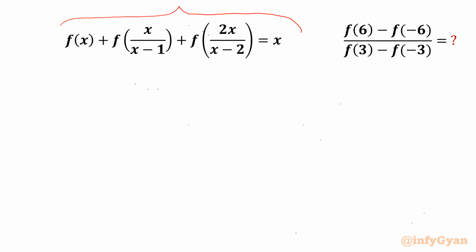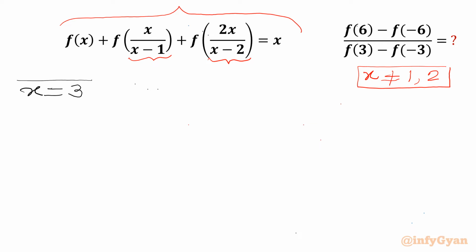So let's get started by writing x cannot be equal to 1 and 2, as we have x minus 1 and x minus 2 here. Now I will plug in values for x. Let us put x equal to 3 first, and consider the given equation as equation number 1.